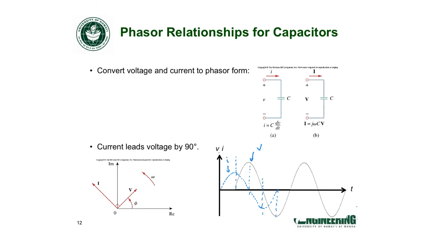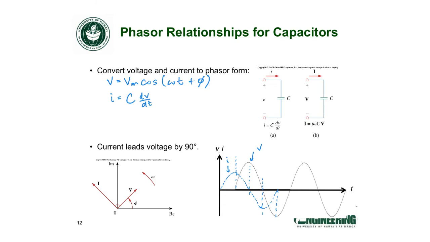Mathematically, if we say we have some voltage, we can write it as a phasor. So we have some voltage with some magnitude V sub m cosine omega t plus a phase of theta. The current through a capacitor is going to be C dV/dt.